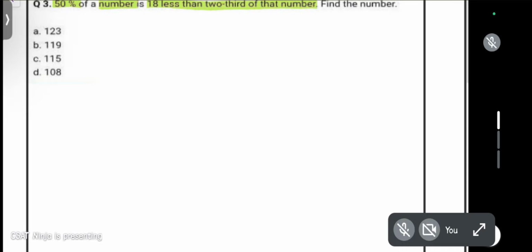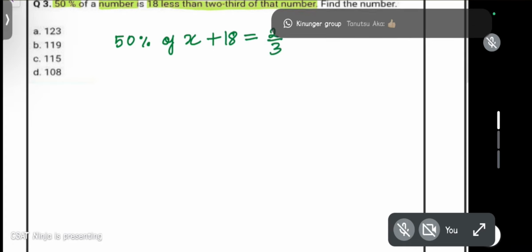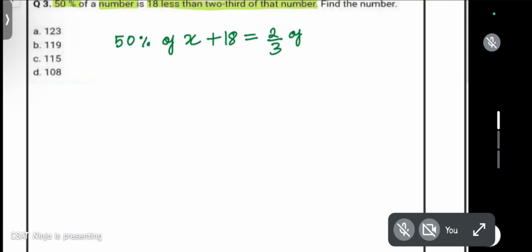I'll just write 50% of a number, I'll assume the number is x, okay? 50% of a number is 18 less than, that means plus 18 is equal to 2/3 of the number, of the number.